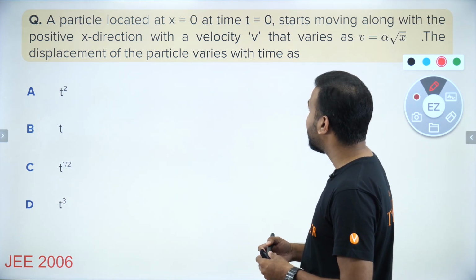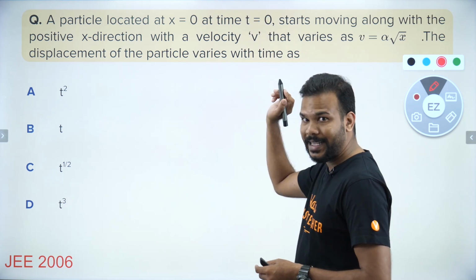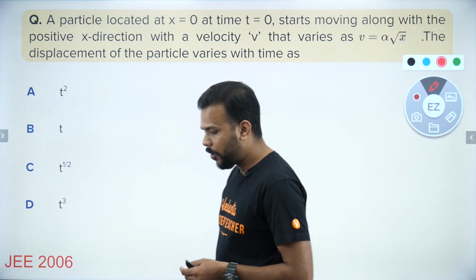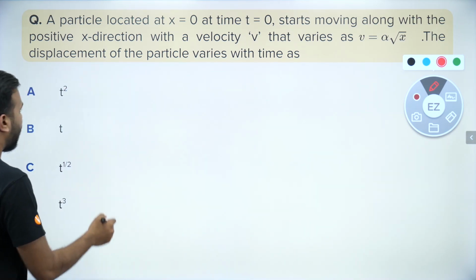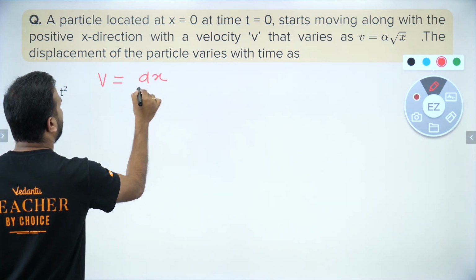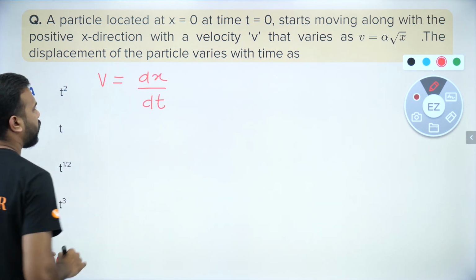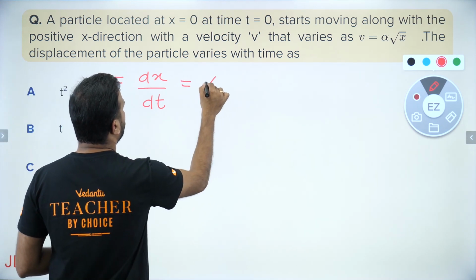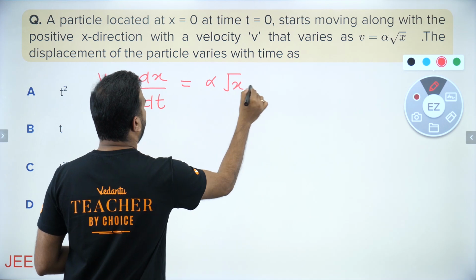What is given to us is that at t equal to 0, displacement is 0, body's position is 0, and the body's velocity is varying as alpha times under root x. So we know that velocity is given as dx by dt. Yes or no? It's basically the differentiation of the body's displacement, and it is given as alpha under root of x.